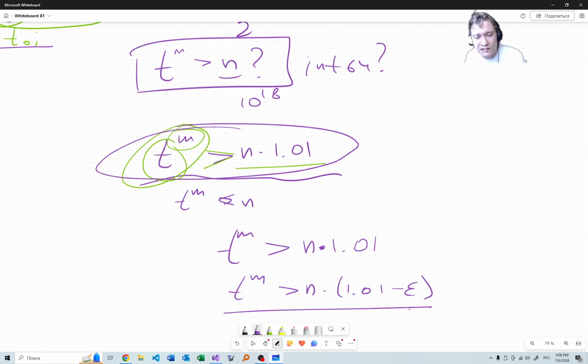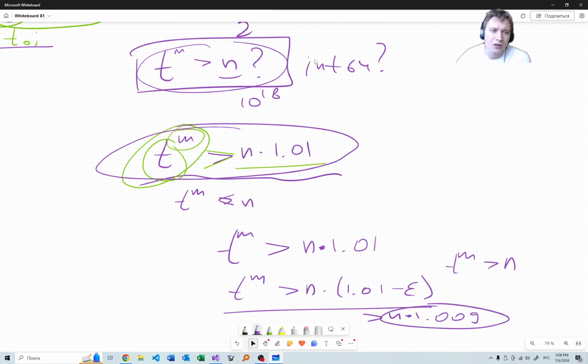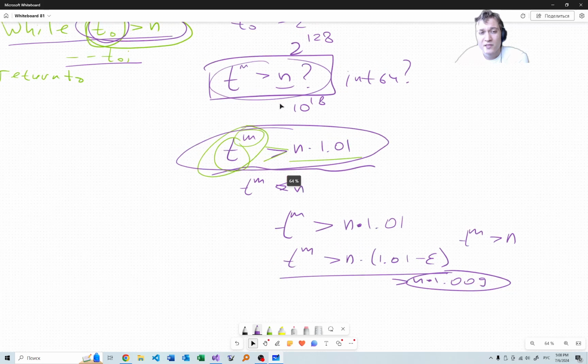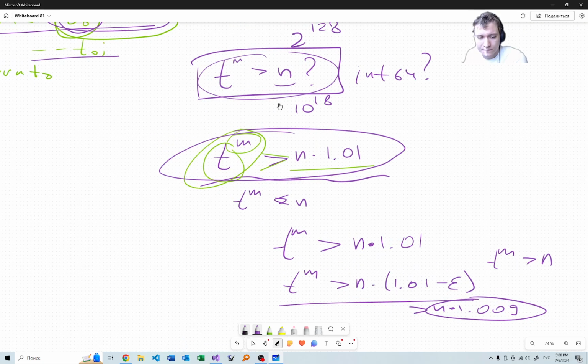For example, it's definitely bigger than n times 1.009. Therefore, definitely t to the power m is greater than n. And so you have checked this condition. You know that it is true, because you know that even this is true. Okay, this is the first thing that we checked.